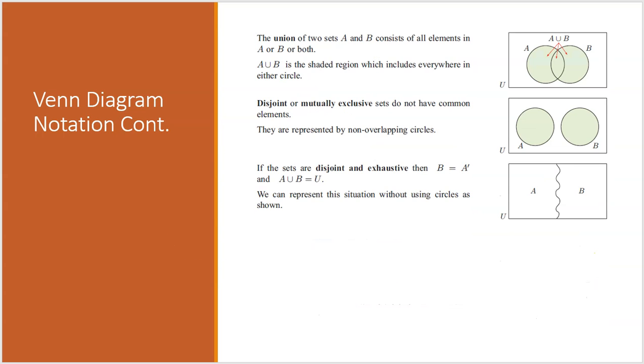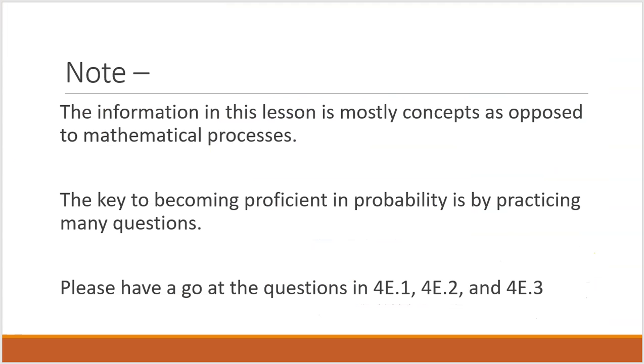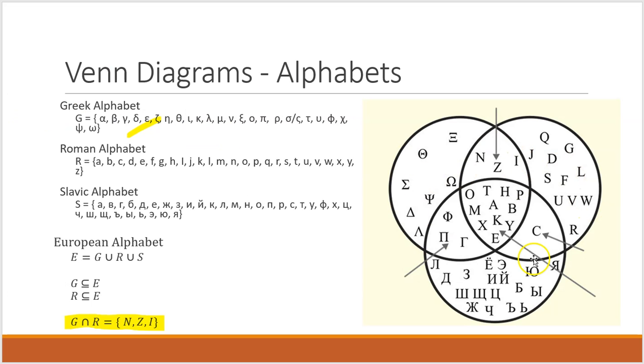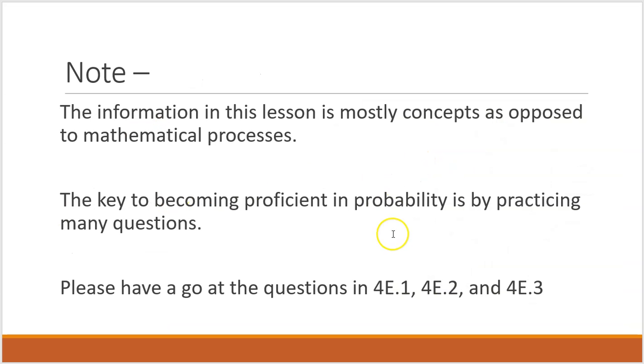So what I'm going to recommend, guys, is I want you to have a go. After listening to this and being able to see the basics of a Venn diagram, I want you to go, and I've uploaded the chapter in DayMap, and I want you to have a go at questions in chapter 4E.1 all the way to 4E.3.